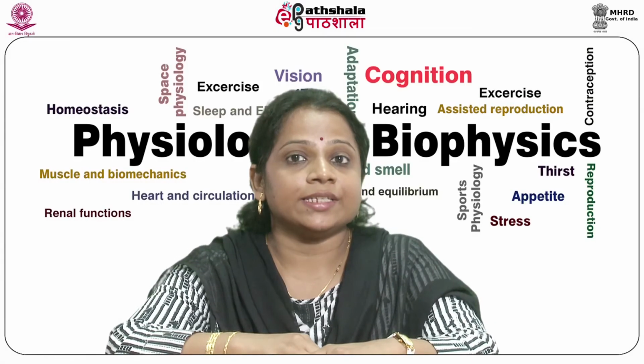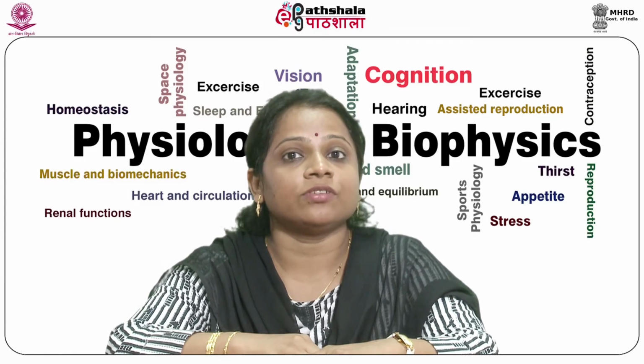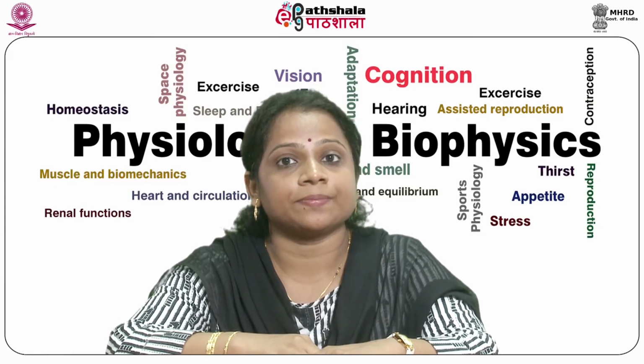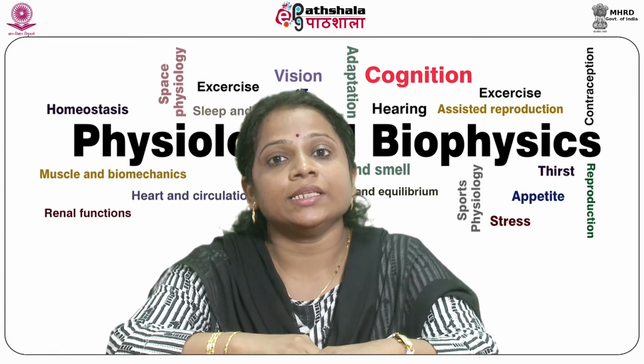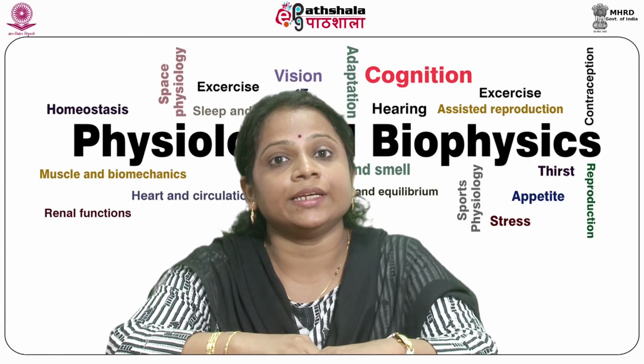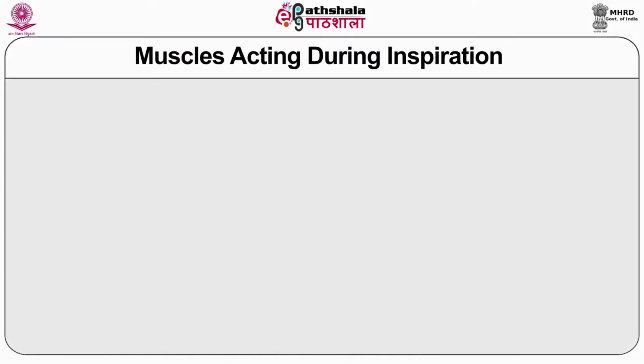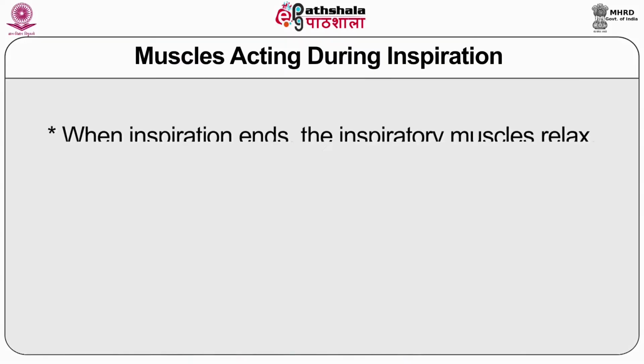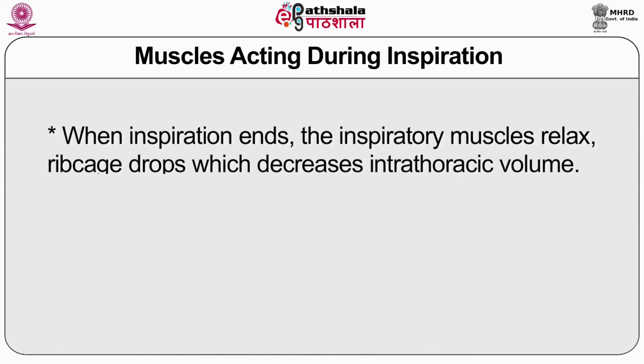As inspiration is the active process and expiration is the passive process, during inspiration, energy is stored in the elastic recoil of lungs and airways. When inspiration ends, the inspiratory muscles relax and the rib cage drops, which decreases intrathoracic volume.